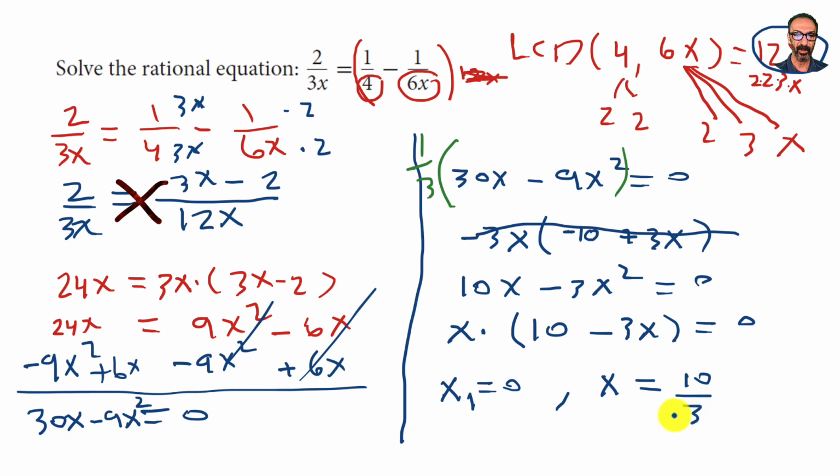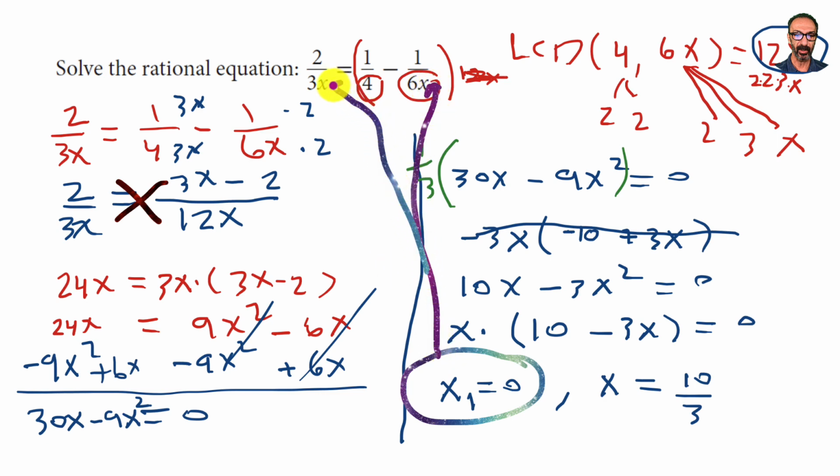Now if you go back to the problem to check your answers, I can't use this. Let me use a different color. I cannot use this right here in the denominators, this one, and in this denominator right here. I can't.